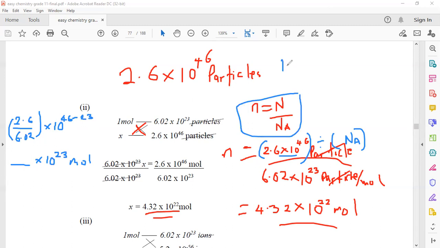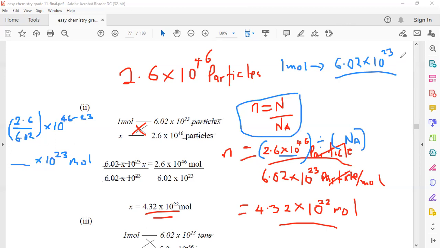But if you're comfortable with the relationship of just stating one mole is equal to 6.02 times 10 to the power 23, this will help us to determine what we call elementary entities.